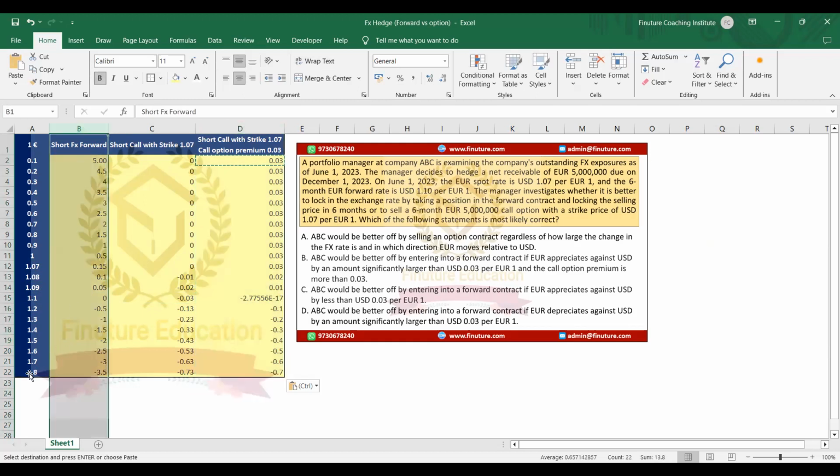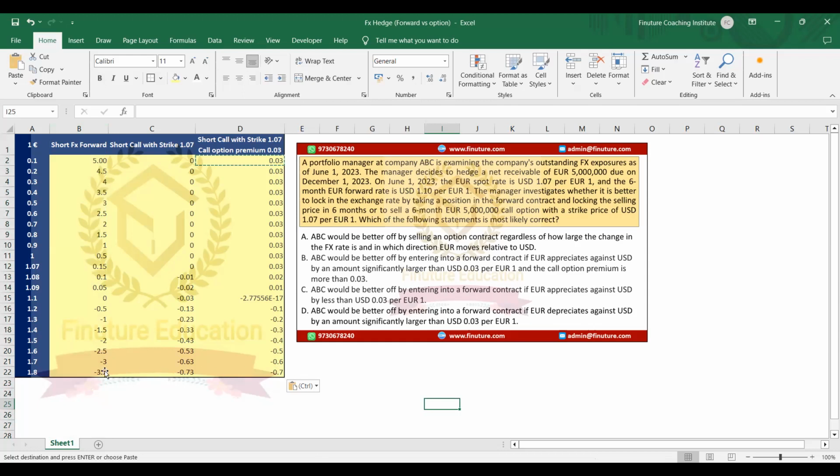So just imagine 1.8. At 1.8 you have a 3.5 million loss, and for the option with premium 0.03, you just have a loss of 0.7 million.